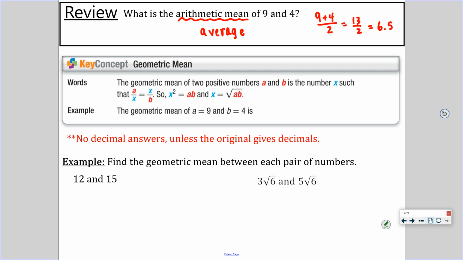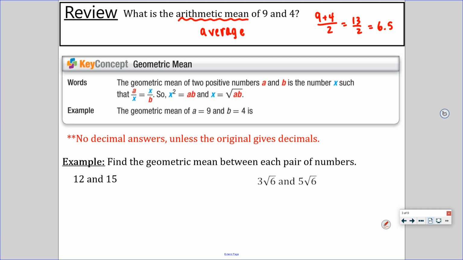But what you need to know is that the geometric mean is the square root of the product of two numbers.